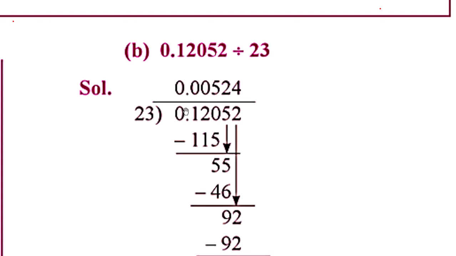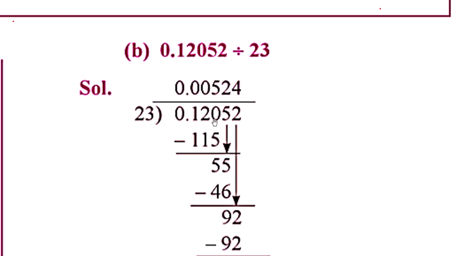Next, the point, and 1 also is not divisible, 0 1 is less than 23, so we can take 0 here. Next number 2, 12 also is less than 23. We cannot divide, so we take 0 here. Next we have to consider the next number, 120. Because this 0 doesn't have any value, it will become 120.